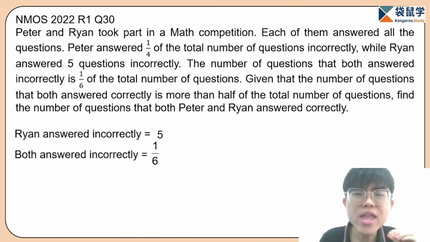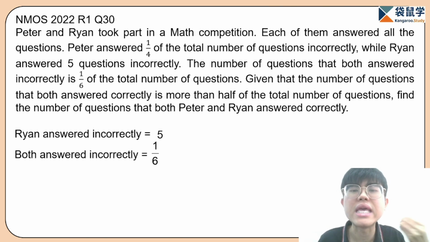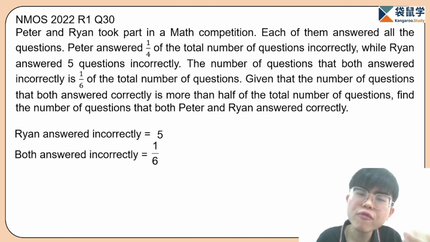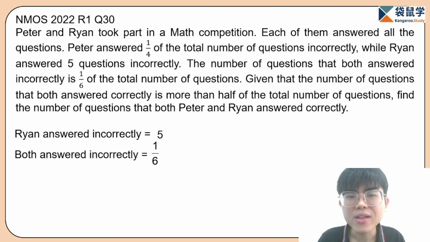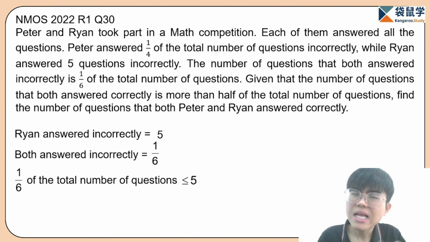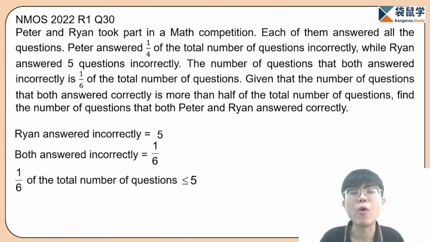Ryan only answered 5 questions incorrectly, which means the number of questions that both of them answered incorrectly might be any number from 1 to 5. Maybe it can be 3, maybe it can be 4, right? But it will definitely be at most 5 questions, since 1 part out of 6 parts of the total is less than or equal to 5.